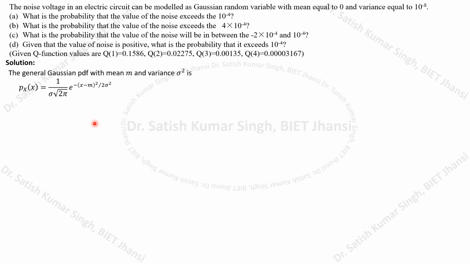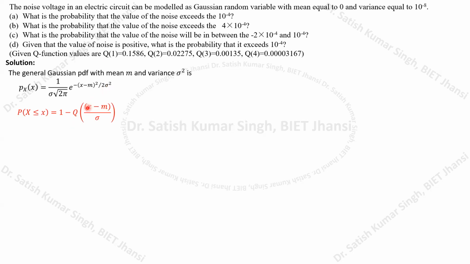I have also discussed these probabilities. What is the probability that this random variable X will be less than or equal to x? For a general Gaussian PDF, this probability can be calculated using the formula 1 minus Q of (x minus m) divided by sigma.